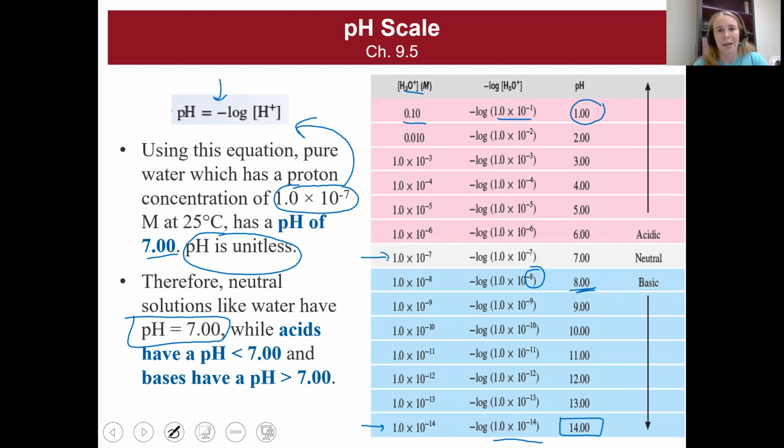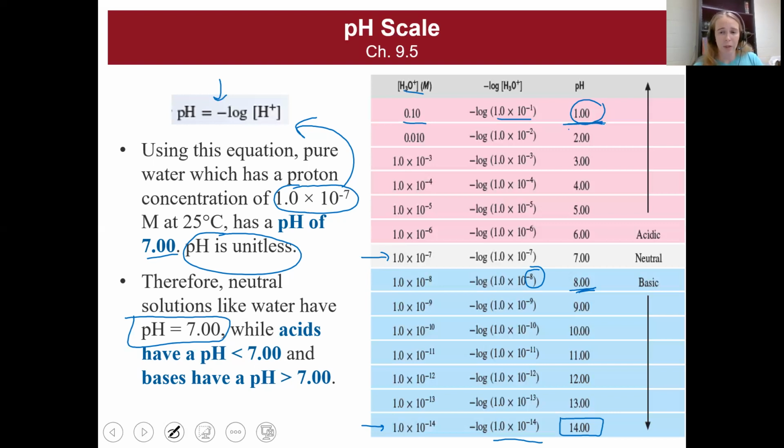When we have a concentration of 0.1 molar, that's super high. So we have a lot of hydronium or proton ions in solution, which means we have a lot of things that are dissociating into protons. Strong acids do that. We have a lot of things that are reacting with water to produce protons. Strong acids do that. And we have a super low pH for strong acids.